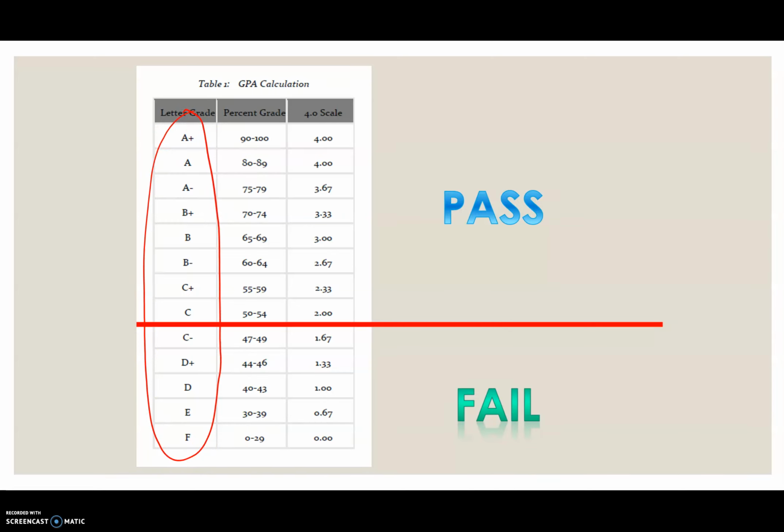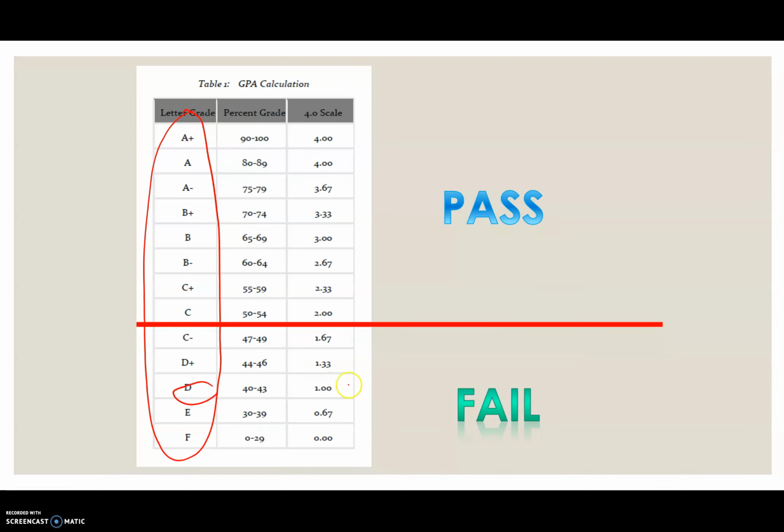Okay, so we have the lowest, F, which is 0 to 29 marks. So if you get 0 to 29 marks, basically you get 0 GPA, right? And E shows that your marks are between 30 to 39, okay, and the GPA that you will get is 0.67.